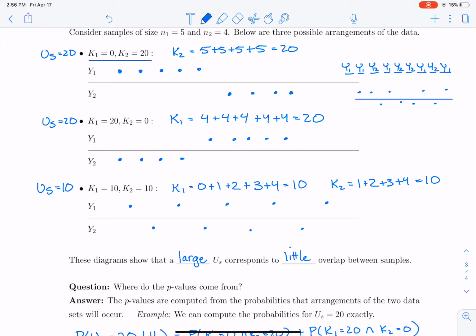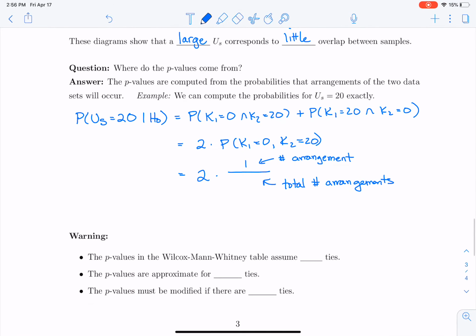In fact, the number of ways that I can arrange this, in other words, to take 9 different positions and choose 5 of them to come from group 1 and 4 of them to come from group 2, that is a combination. So we could do 9 choose 5 or 9 choose 4, whichever you like.